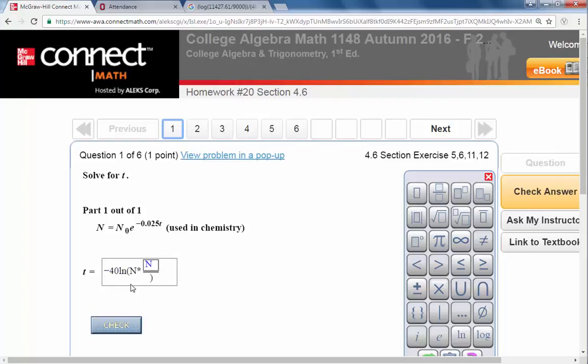How do I? Choose n and right after make a slash.